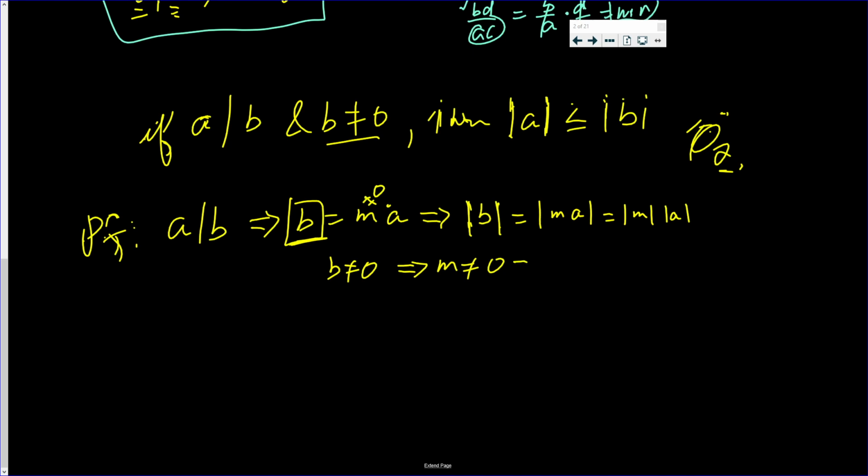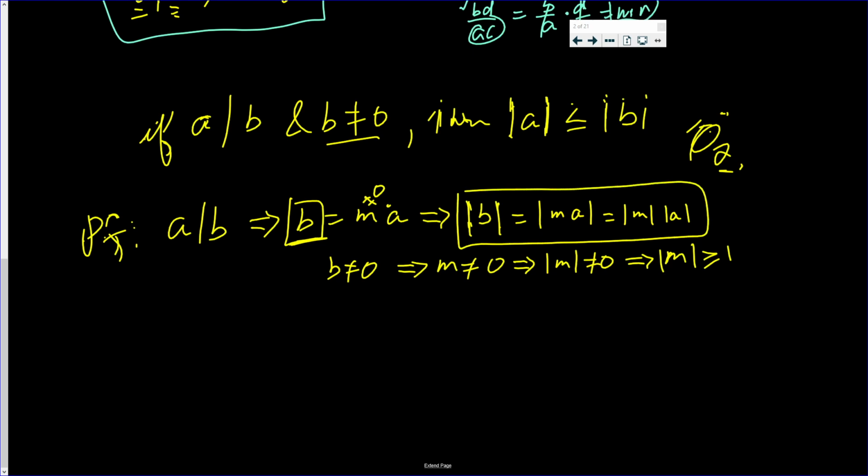Well, that implies the absolute value of m is not 0. That means the absolute value of m is positive. But since m is an integer, it's at least 1. Now, copying this down again, the absolute value of b is equal to the absolute value of m times the absolute value of a.